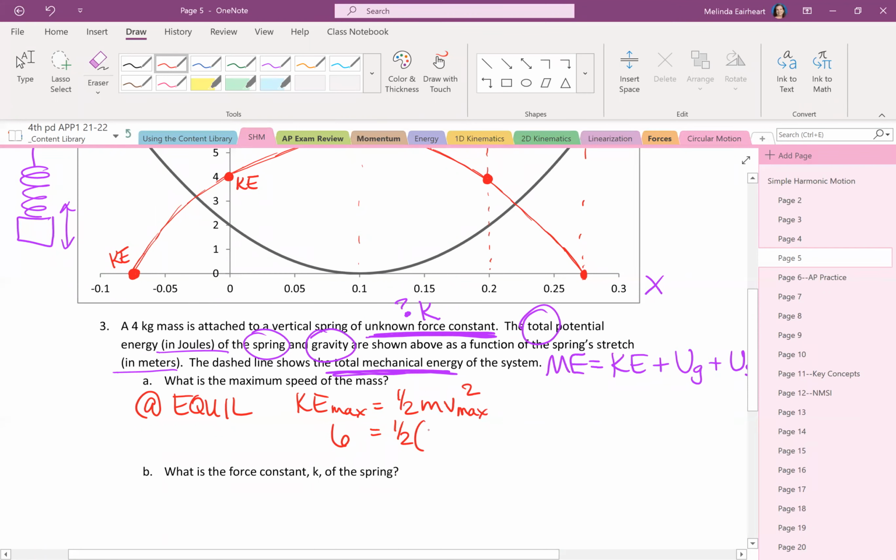They give us the mass of 4. And so let's see, 1/2 of 4. 6 divided by 2 is 3, right? And then we got the square root. What's the square root of 3? I really don't remember. 1.7 meters per second. Everybody good?